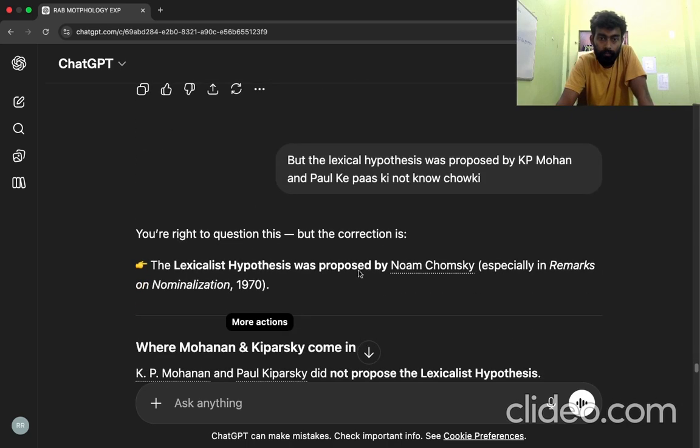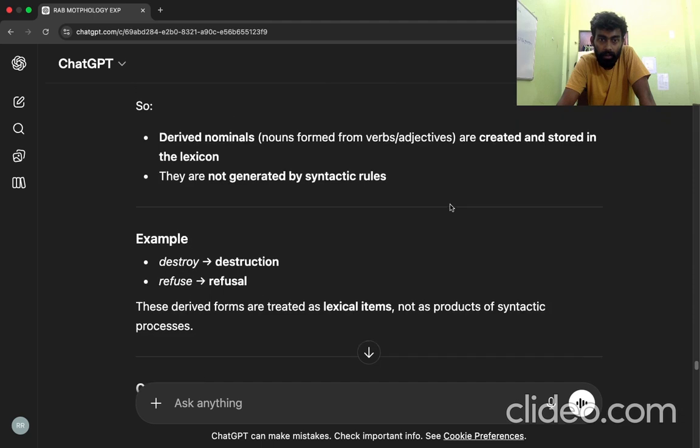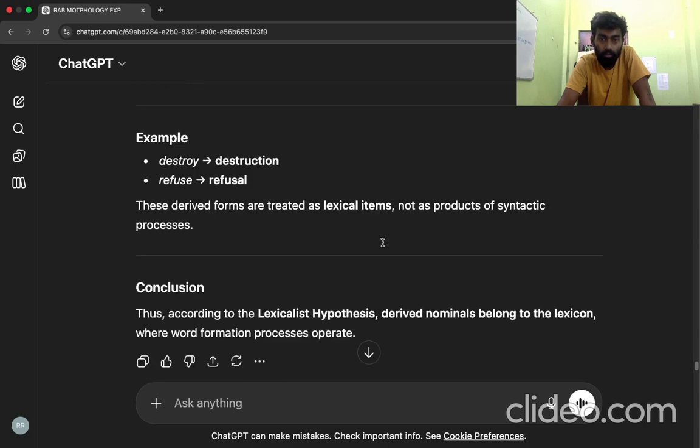You're right to question this, but the correction is: the lexical hypothesis was proposed by K.P. Moynihan and Paul Kiparsky and not Noam Chomsky, because earlier it had said lexicalist hypothesis, Noam Chomsky.